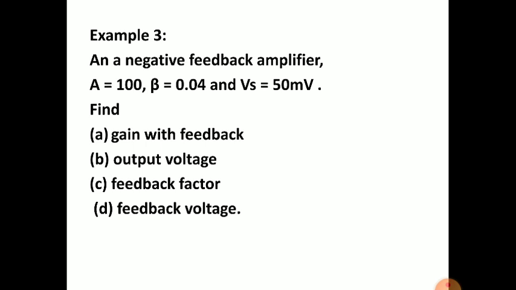As a negative feedback amplifier, A, that is the gain without feedback, is 100, beta is the feedback fraction, and Vs is the source voltage. Calculate these values. Please do it yourself. I can wait for 2 minutes.